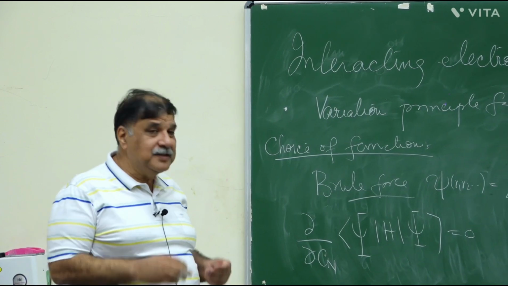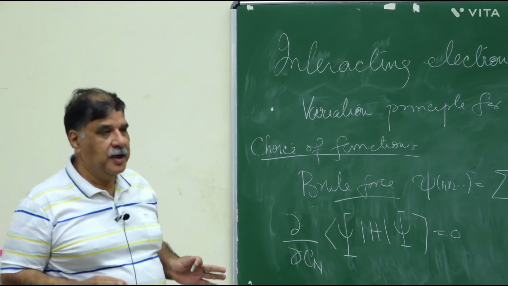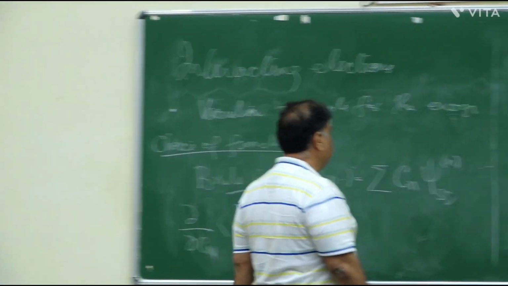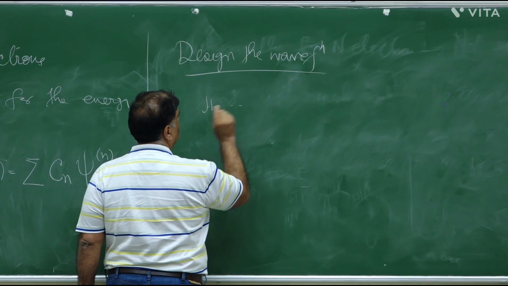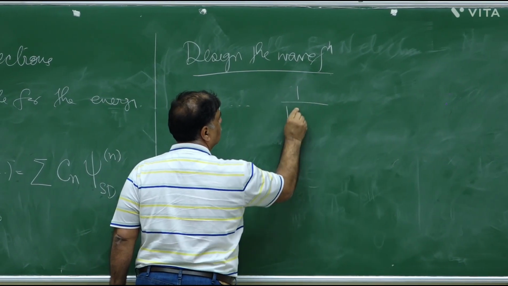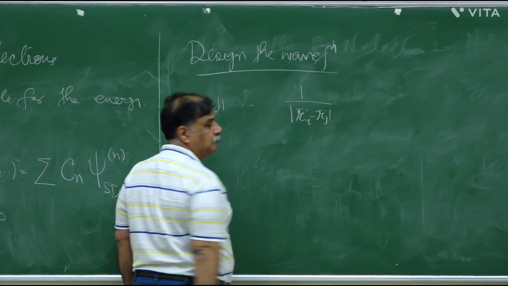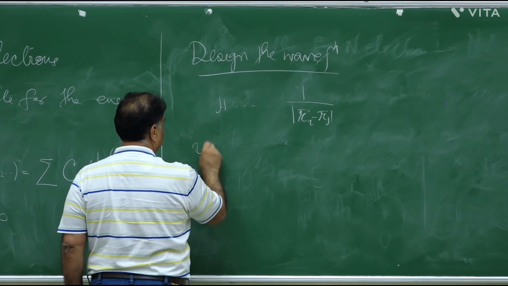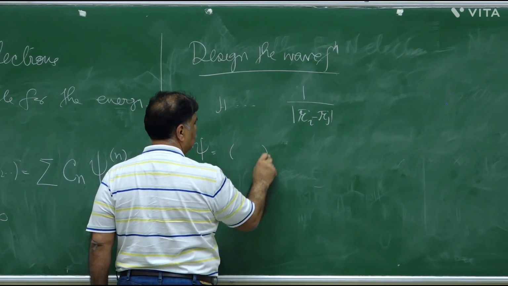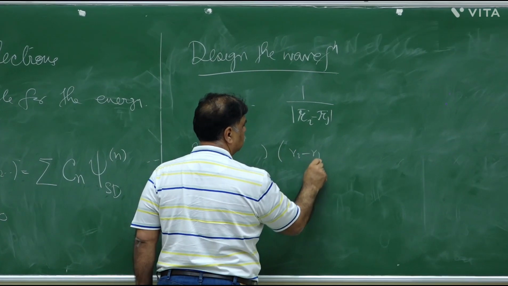Now we're saying, no, we'll design according to what I know about the system. In particular, the Hamiltonian has all these terms, but it has in particular Ri minus Rj terms, right? And therefore, as I said earlier, the wave function would be something, and some terms which are Ri minus Rj.